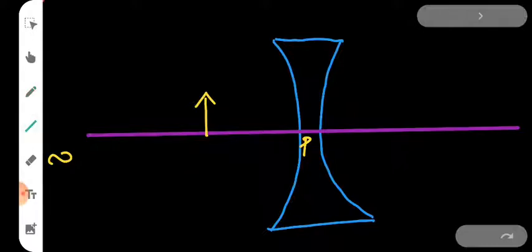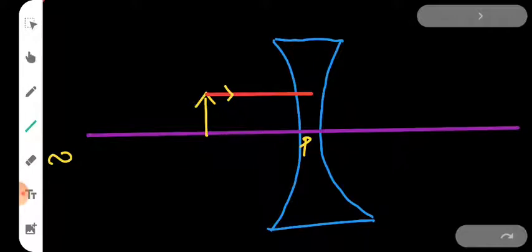Now about the ray diagram, out of the three choices, I'm going to use the parallel ray one. So I have the parallel ray. Let me draw a small arrow indicating the movement. What happens to this ray?